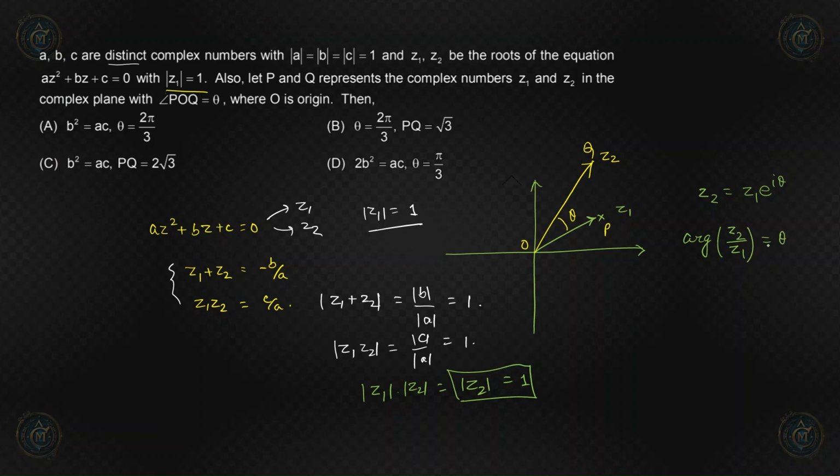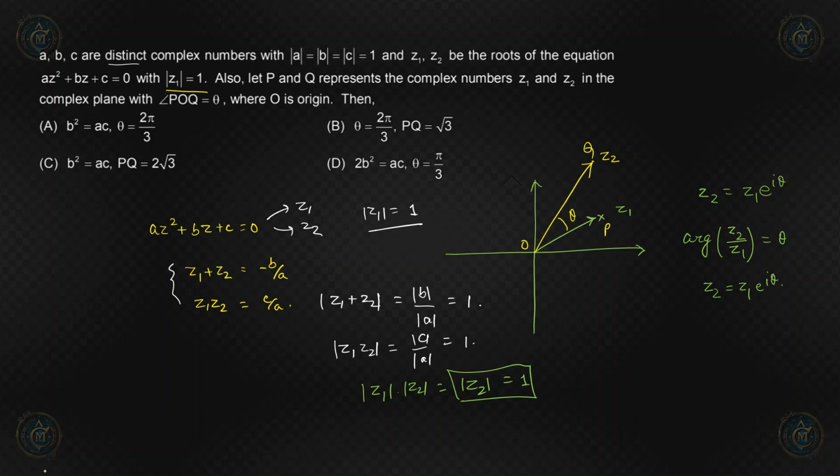So we take this argument to the right hand side, or we can say that we are basically rotating this z1 in the counterclockwise direction in our case, because we represented this theta as a positive angle here. So we will be considering this as a positive angle, counterclockwise direction. So we can say this vector is nothing but z1 rotated about the origin by an angle of theta. That means we can say z2 equal to z1 e to the power iota theta.